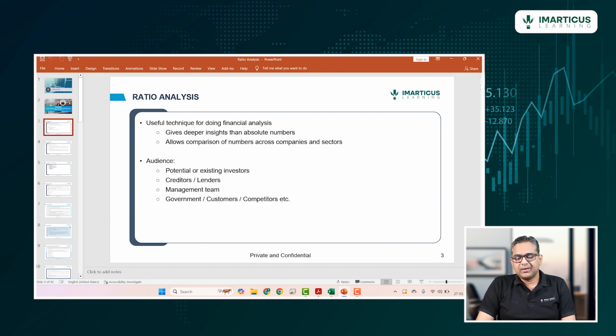So for analysis of our own company also, the management team would definitely be looking at various ratios. Then government, customers, competitors, these are also relevant audiences for looking at various financial data and ratios for the companies.